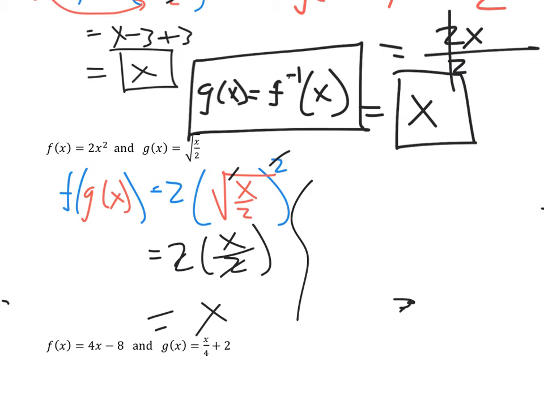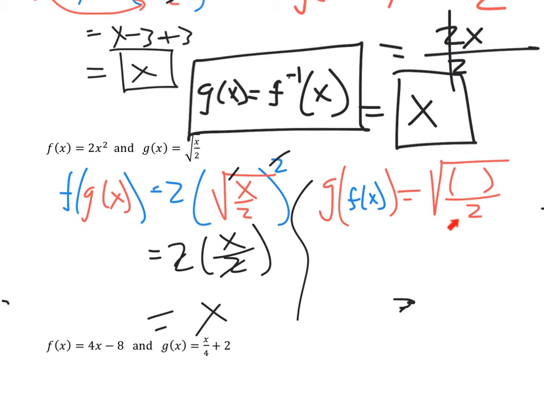So let's compose it the other way. Let's go g of f of x. So we'll start by writing down g, and we get the square root of blank divided by 2, because that's the square root of x over 2. That's what g says. So that's the form, and inside the parentheses we're going to put f. So we take f, the original function here, 2x squared, and let's put that in there.